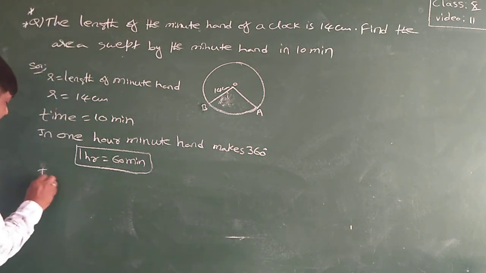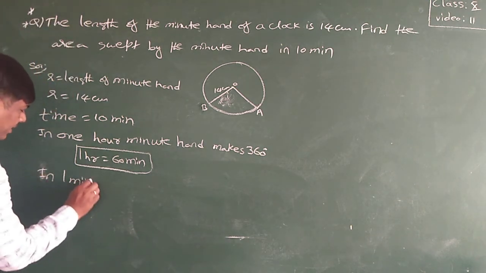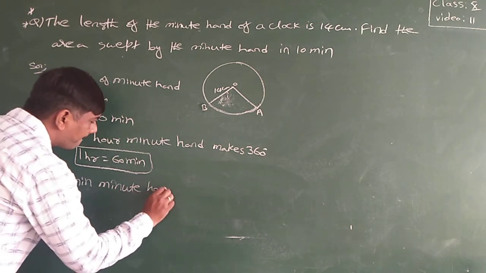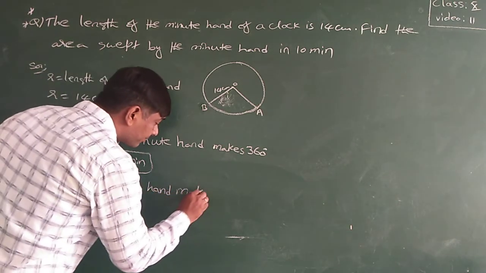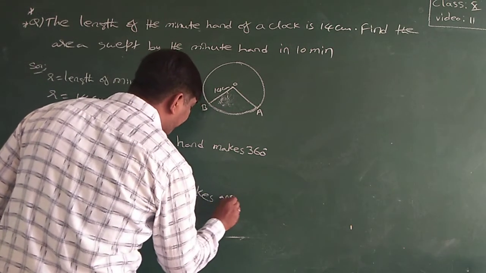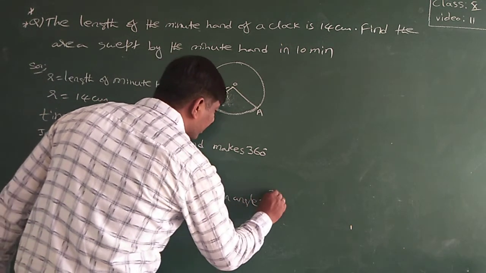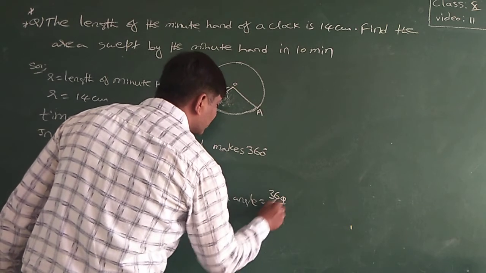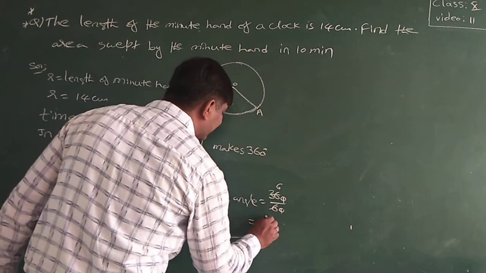In 1 minute, the minute hand makes an angle of 360 by 60, which is 6 degrees.